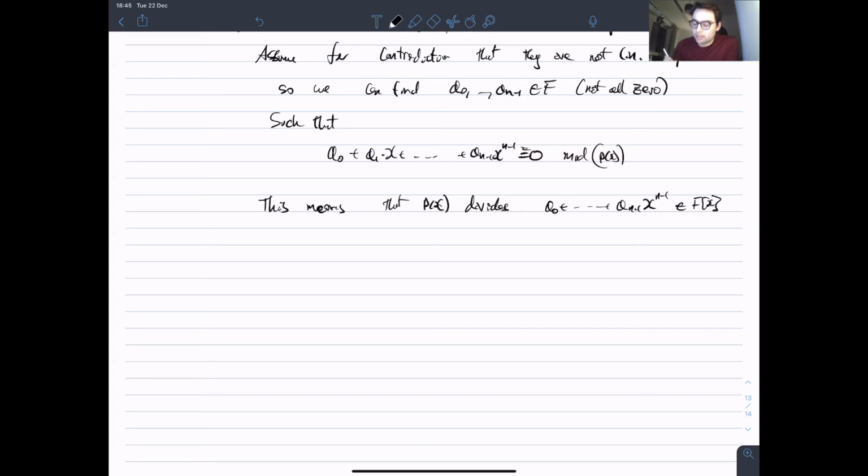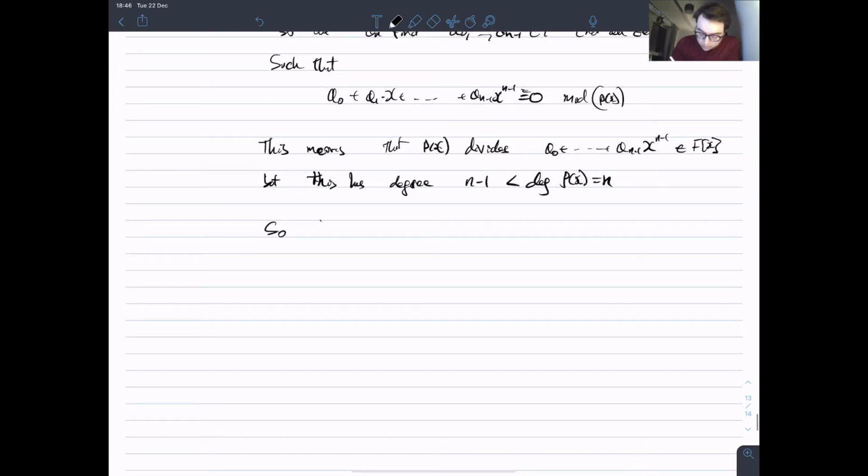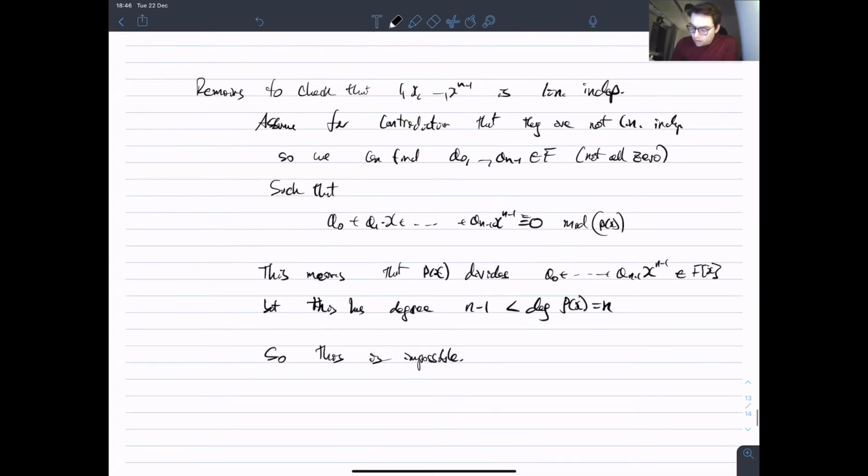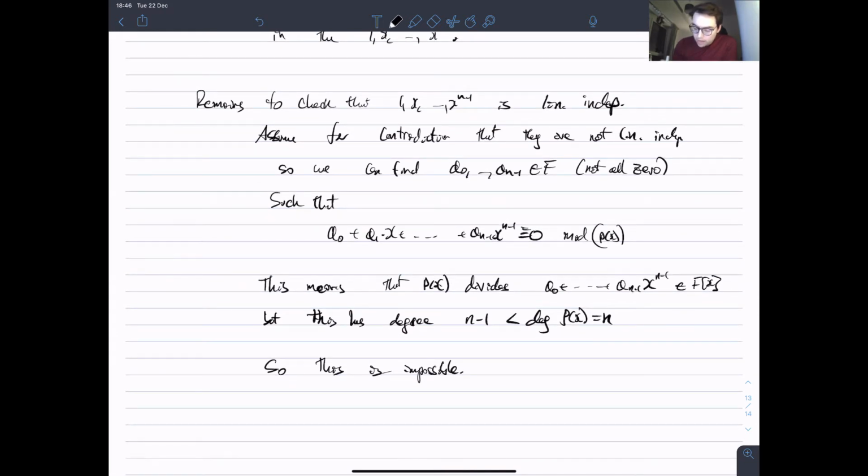The same thing works in this polynomial. So this means that p of x divides this polynomial, but this has degree n minus 1, which is less than the degree of p of x, which is n, which is impossible. So this is impossible. Okay, so if we had some sort of linear dependence relation, then this would give me a polynomial of degree n minus 1, so a smaller degree, which p of x divides, but p of x has degree n.